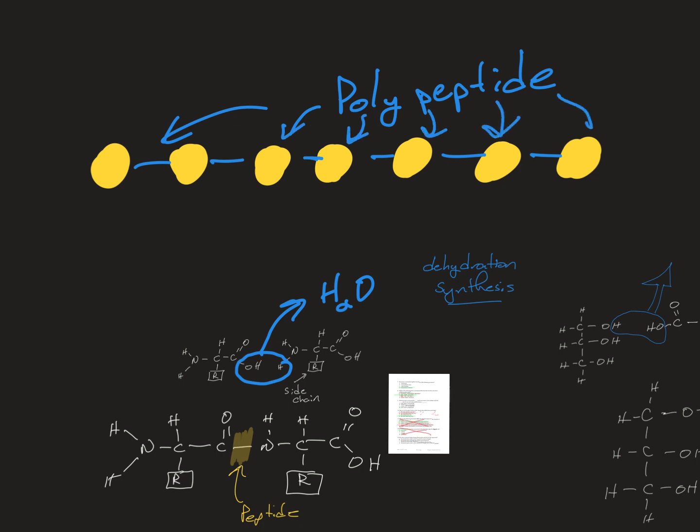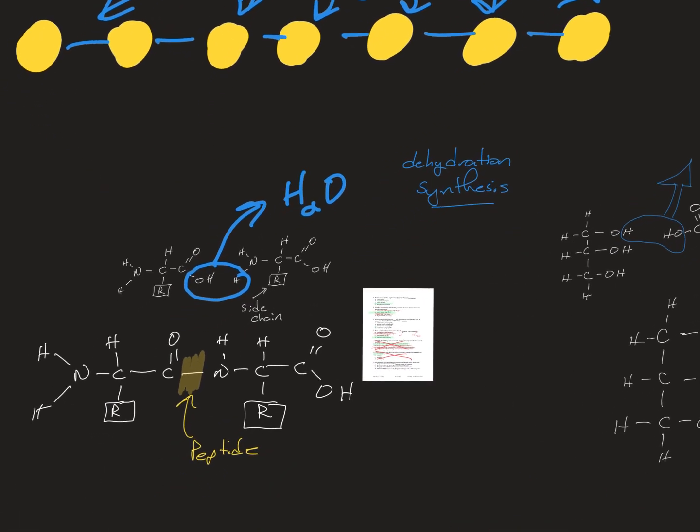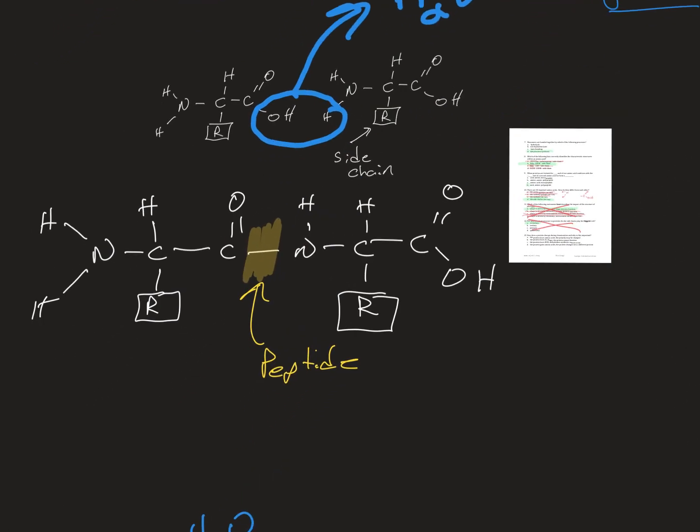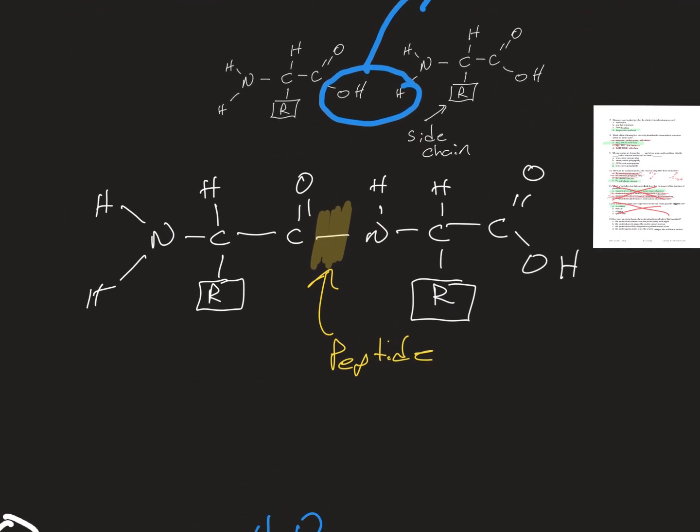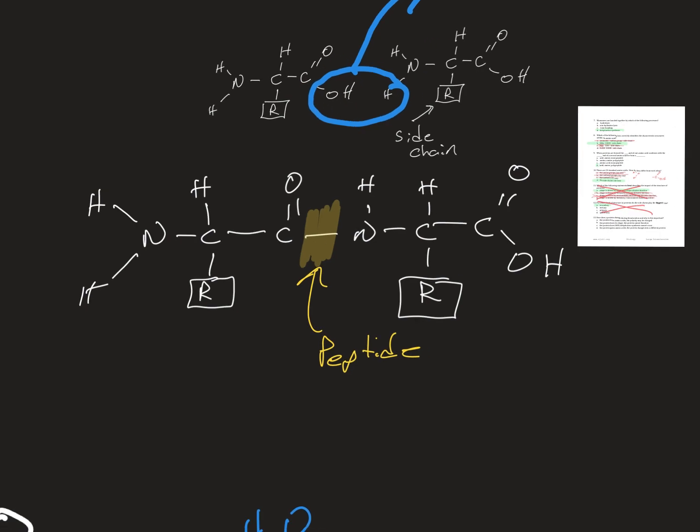Poly means many. So this is what makes it a peptide: the 2 amino acids connected, the acid group of one amino acid to the amine group of the other.